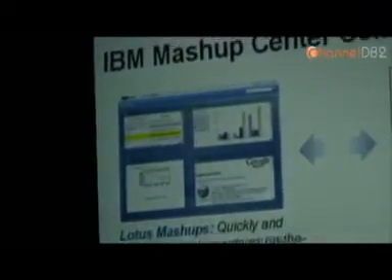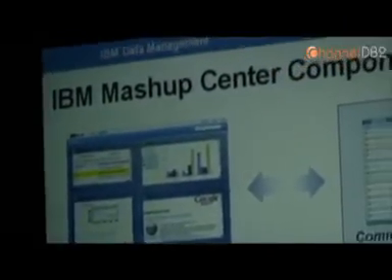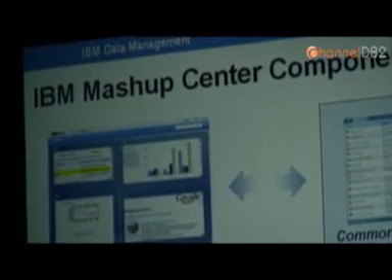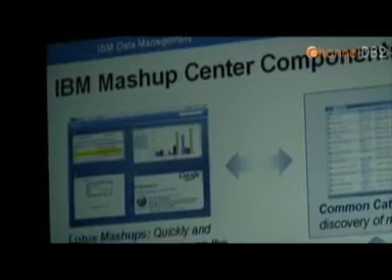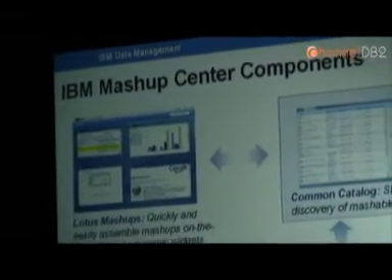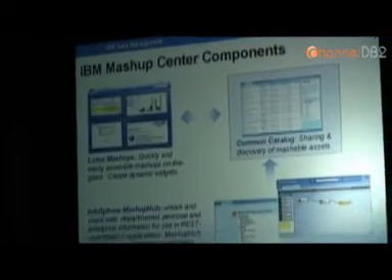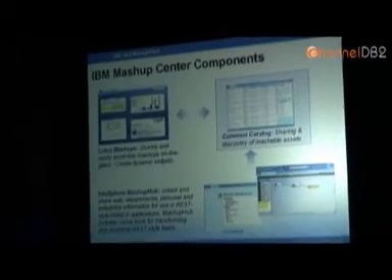What you can do with this Web 2.0 technology, we've got a thing called Mashup Center. And this box that's in the upper right-hand corner, where we have a common catalog discovering all of the different shareable assets that are available to build mashups, those are things that you as an IT organization can control. So you as a DBA could use something like Data Studio to create a new Web 2.0 service that exposes some data that you want to expose.